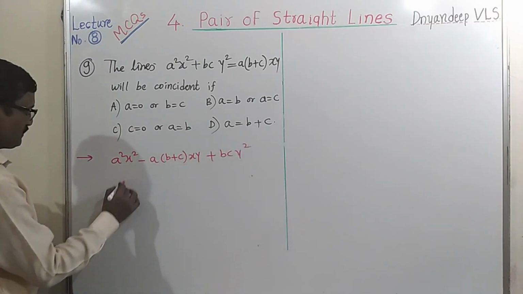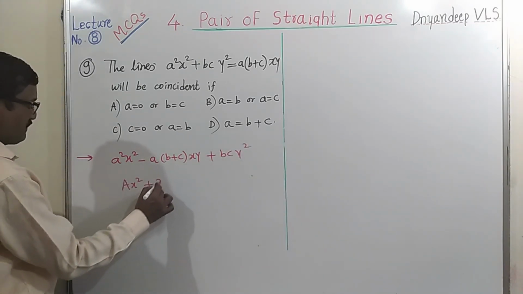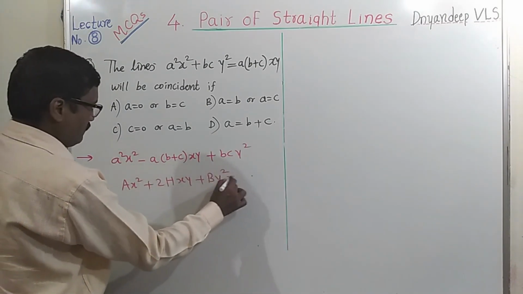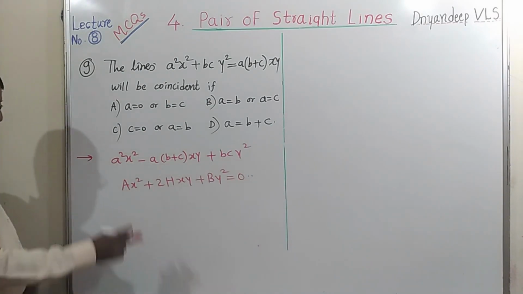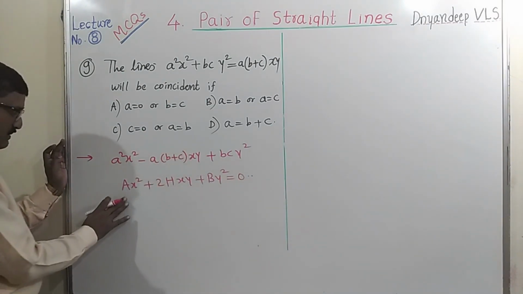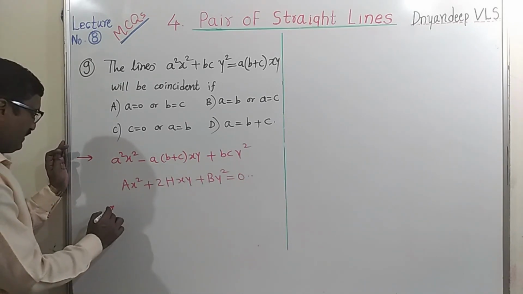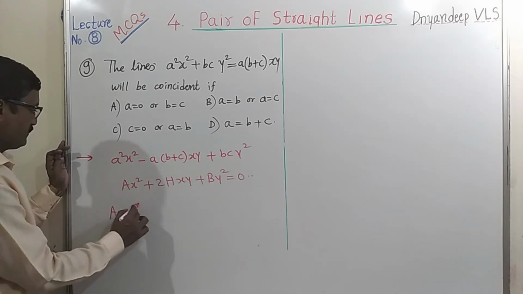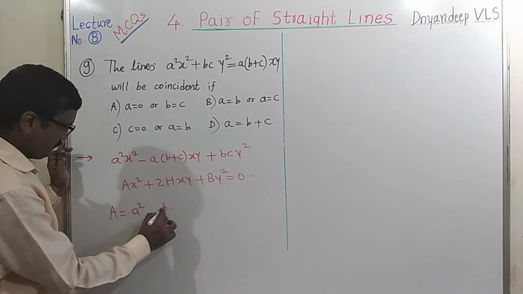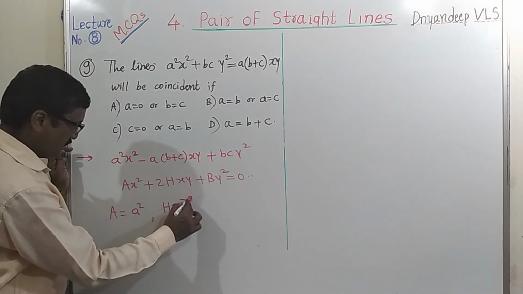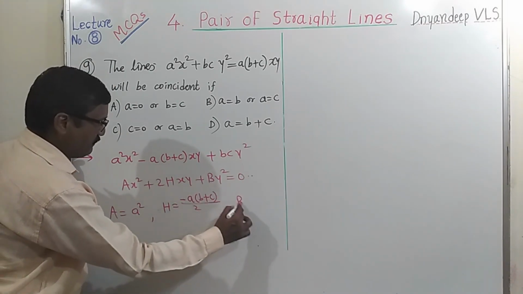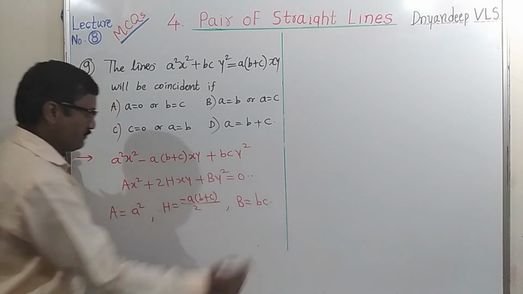So compare this equation with ax square plus 2hxy plus capital B y square equal to 0. Why? Because already in this equation small abc are used. So let us take here capital letters. So we get capital A equal to a square, h equal to minus a into b plus c upon 2, and capital B is equal to small b. Okay.